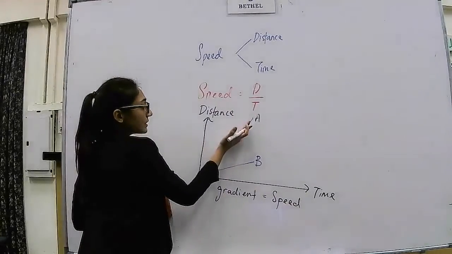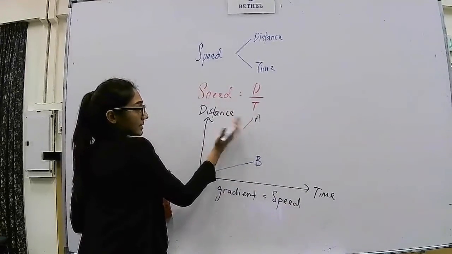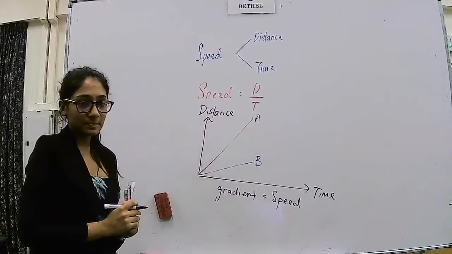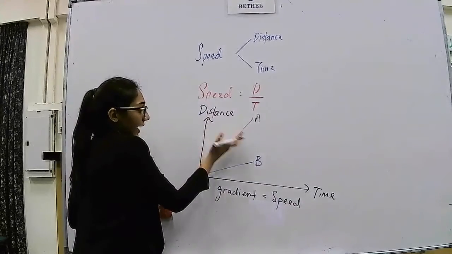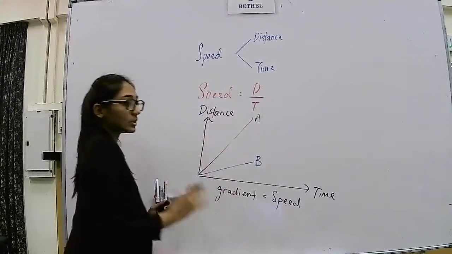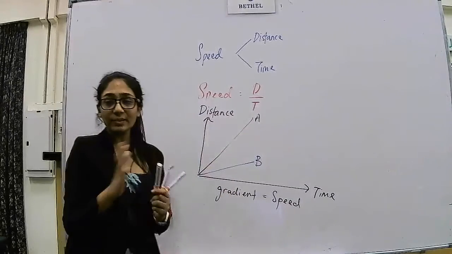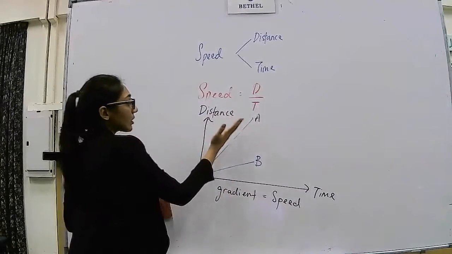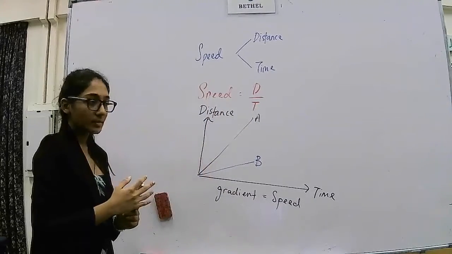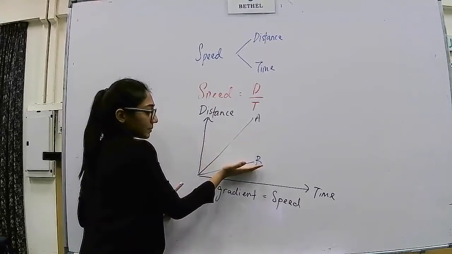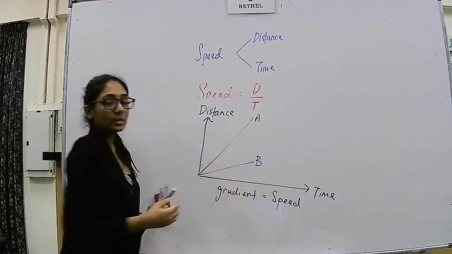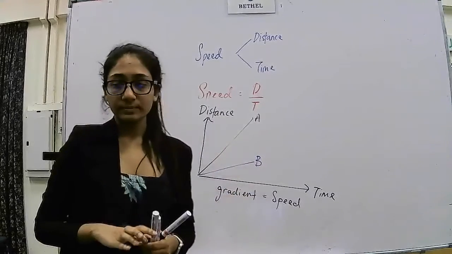If I have a steeper line, in this case A is steeper, that means the speed is faster. If the graph is less steep, that means the speed is slower, the gradient is smaller. This works for any graph: when the line is steeper, it means it's faster; when the line is less steep, the value of the gradient is smaller.